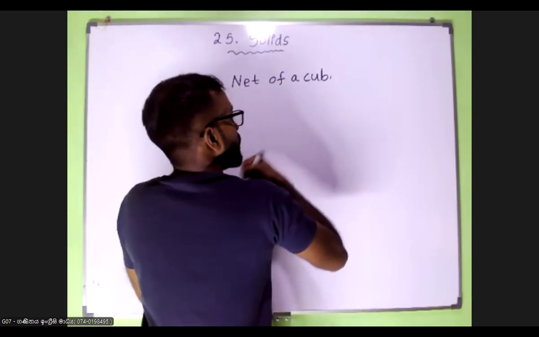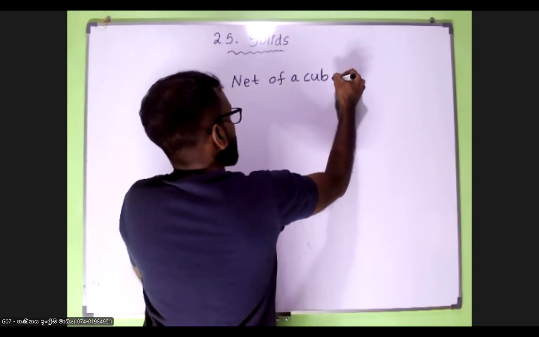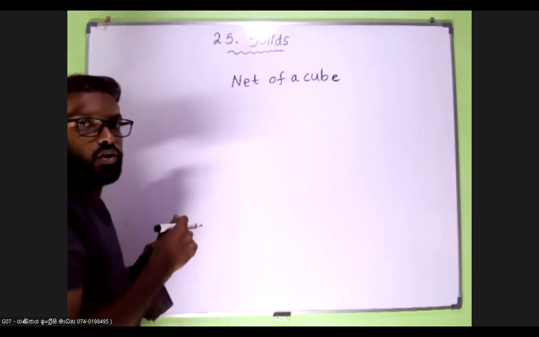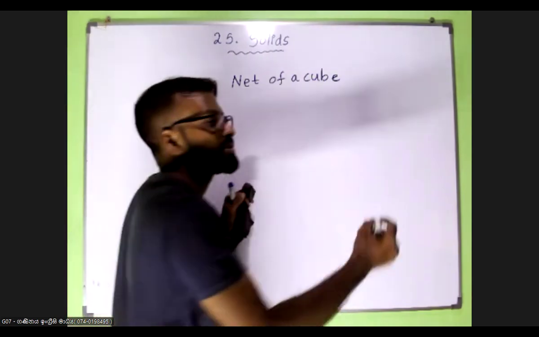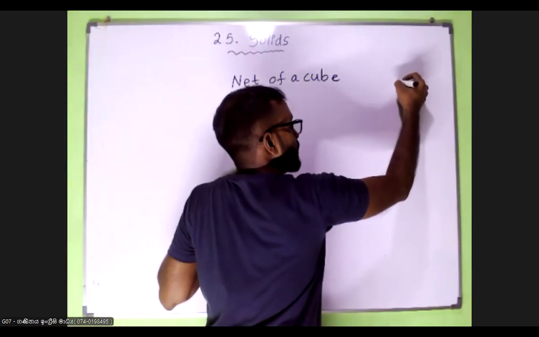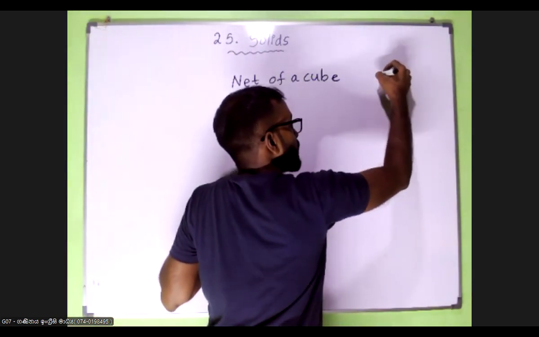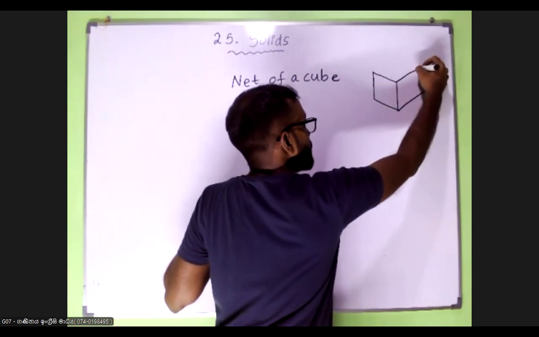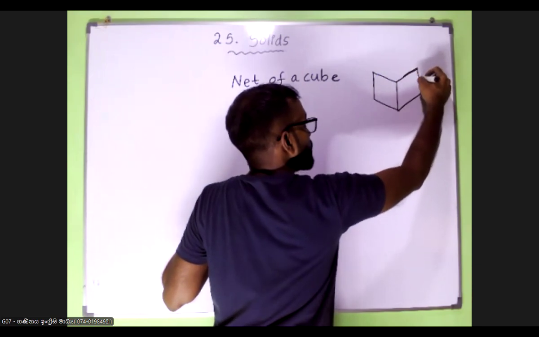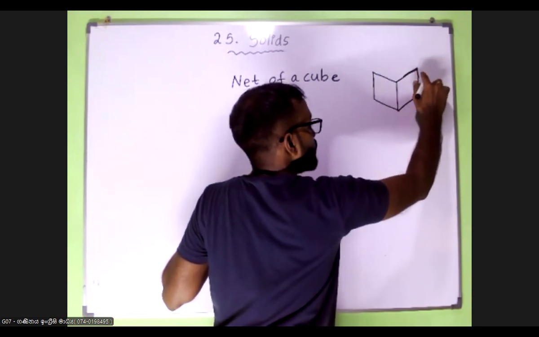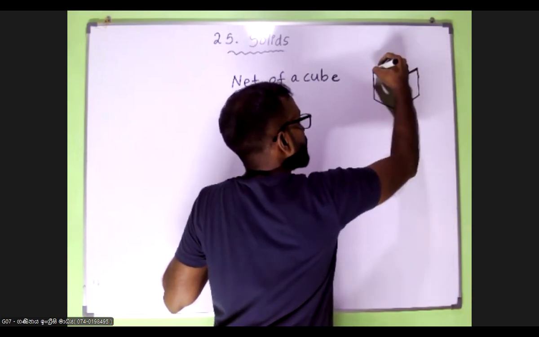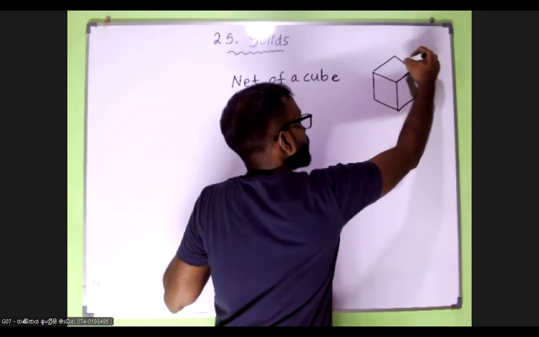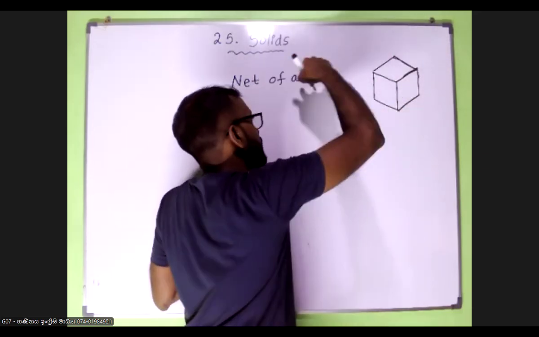Before drawing a net of a cube, I will sketch a rough cube here. This is the shape that we are going to construct. So in order to build this one, we are going to construct a net of a cube.